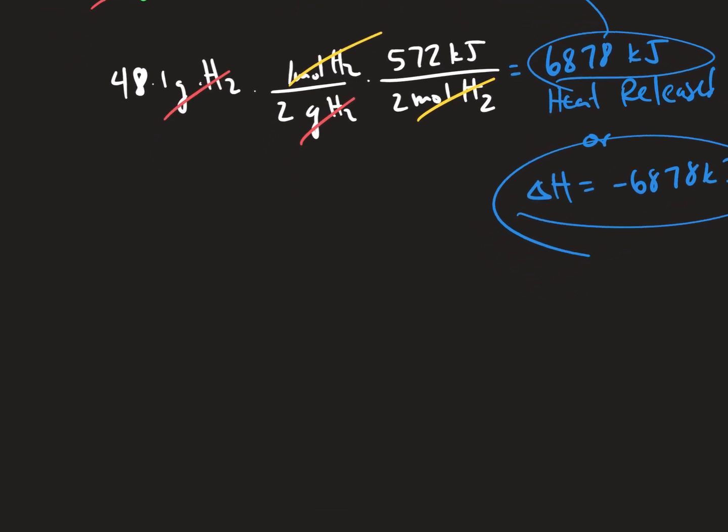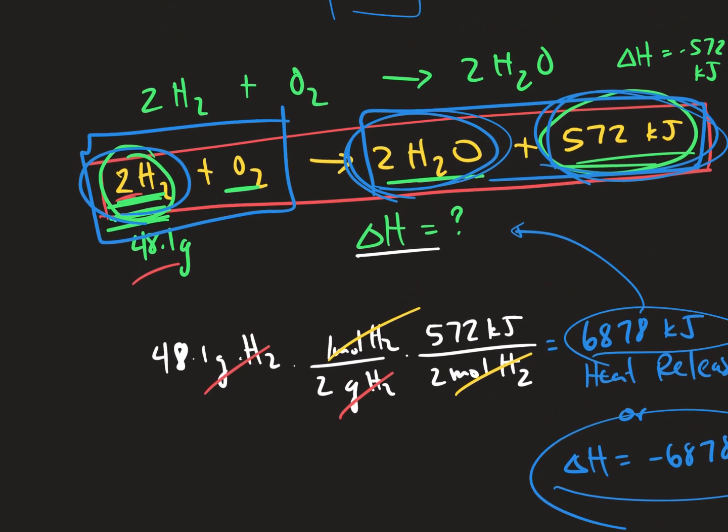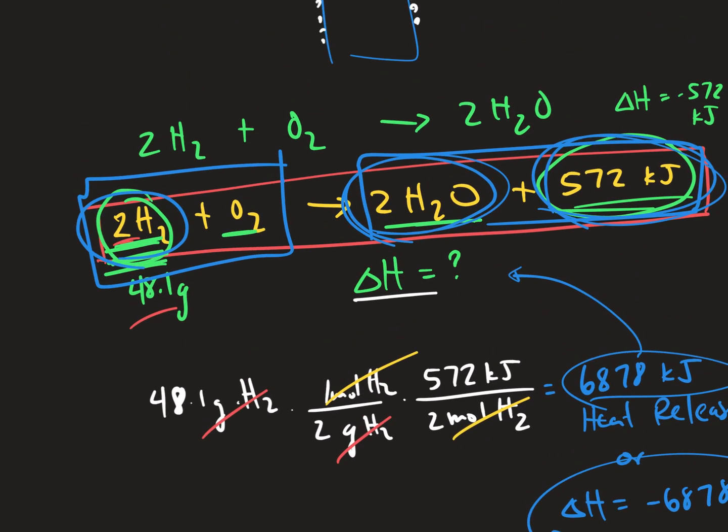Do you want one more of those? Okay. So let's flip-flop this equation. So if instead I have water and I take in the energy, in this case I give it energy so that I can split the water into hydrogen and oxygen.